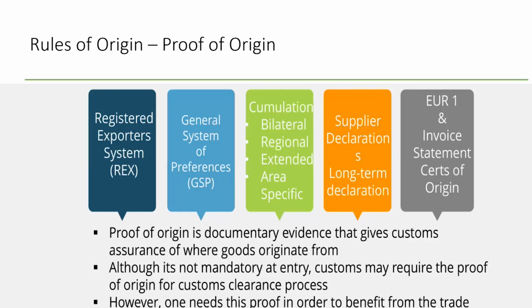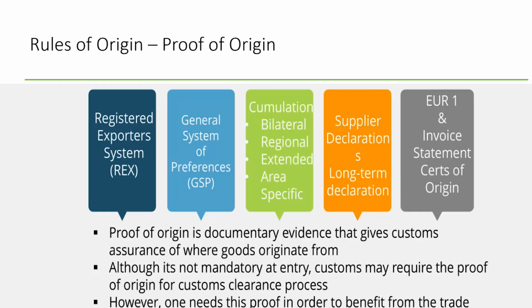So before you as the exporter put that statement on origin, if that's what the trade agreement calls for, you have to make sure that you meet the rules of origin. Okay, you can't just put a statement of origin on and hope for the best.